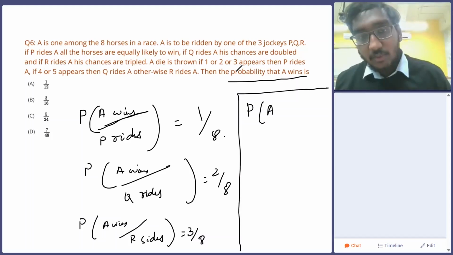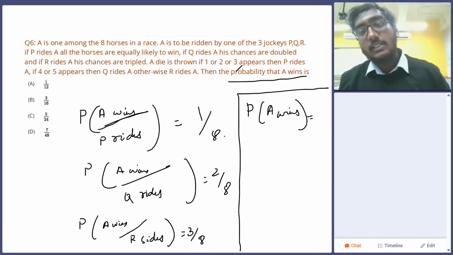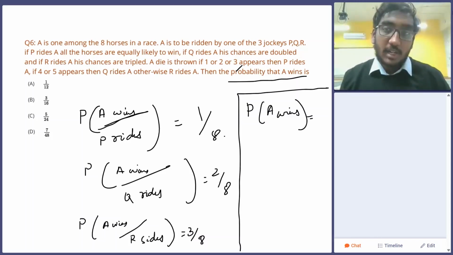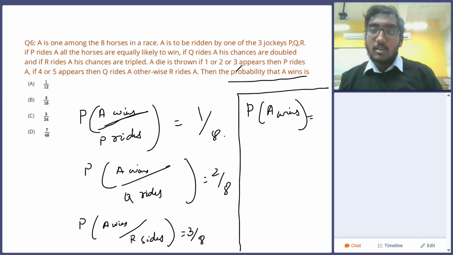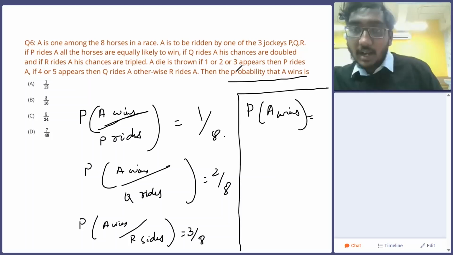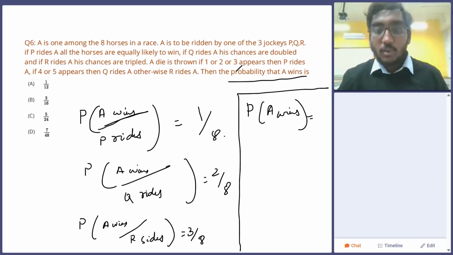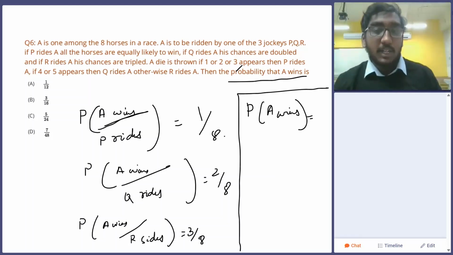Okay. So whenever you say A wins, it is such that P rides, or A wins provided Q rides, or A wins provided R rides. Okay. There are only 3 possibilities. So what is the probability that A will win if P rides?